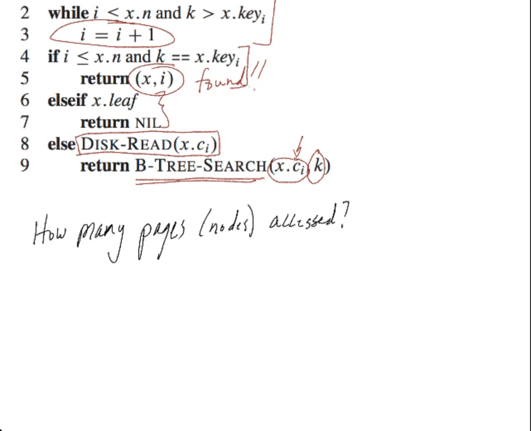Well, it's going to be the order of the height of the tree, and in the last video we showed that that is bounded by log base t of n, order log base t of n.